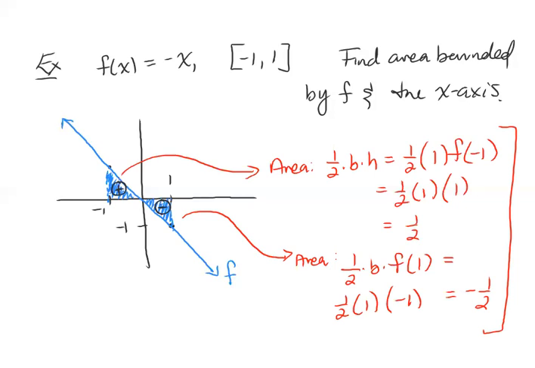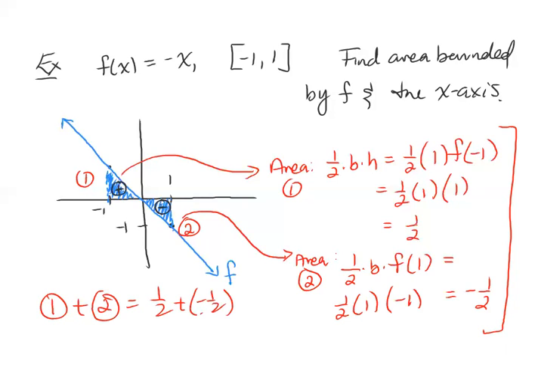So if I add those two areas together, maybe I'll call this area 1, I'll call this area 2. If I take 1 plus 2, then I get 1/2 plus a -1/2, which gives me 0. In other words, this is what we would call the net area.